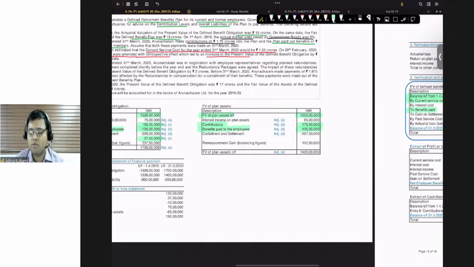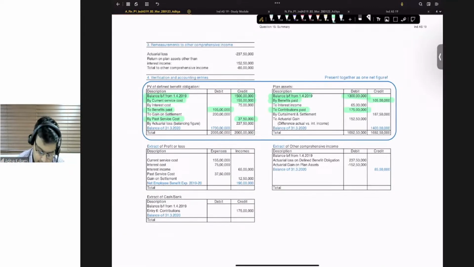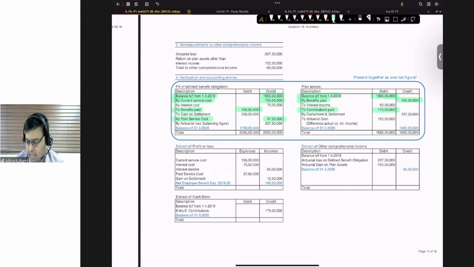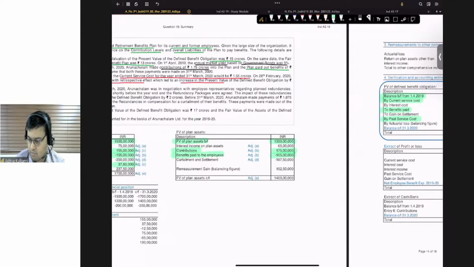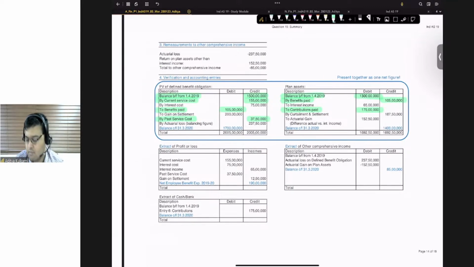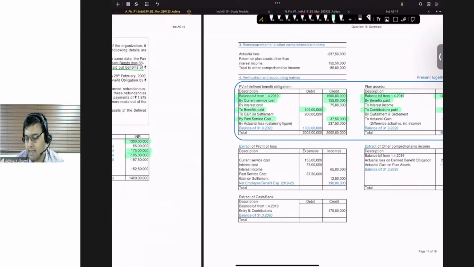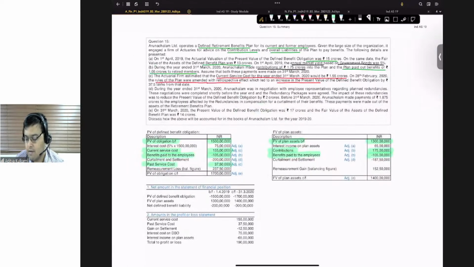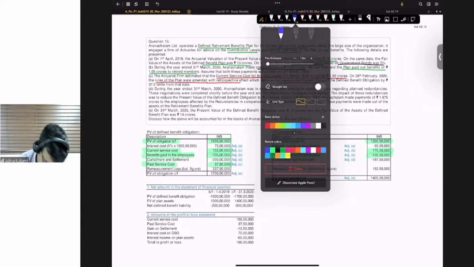Are you able to recollect this? Yes, we had taken this to the profit and loss. Yes, Ratna Limited, 1%, 2.5%. Okay, all right, let's proceed further.